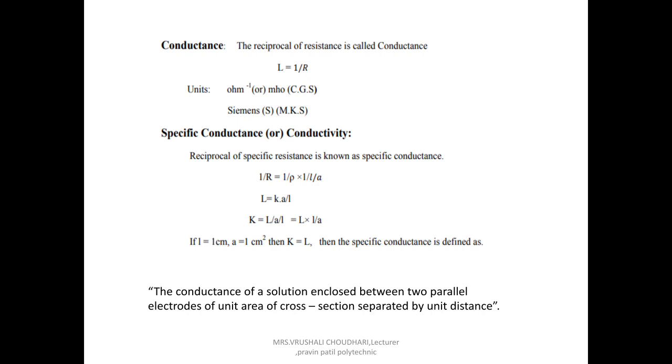Specific conductance or conductivity. Reciprocal of specific resistance is known as specific conductance. 1 upon rho is equal to 1 upon R into L by A. So specific conductance is equal to K, that is kappa, into L upon A. Unit of specific conductance is ohm inverse cm inverse.